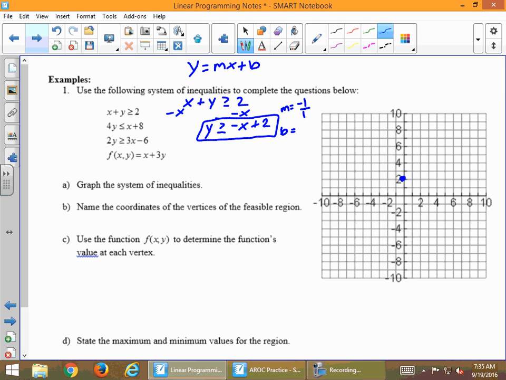And our y-intercept, the number by itself, is 2. Just follow that slope. Make sure you go all the way across on your paper. I know it's a pain, but go all the way across. You get nice, neat lines.